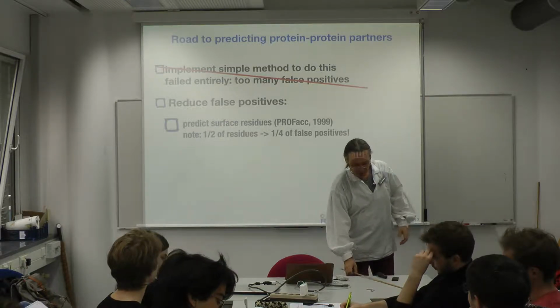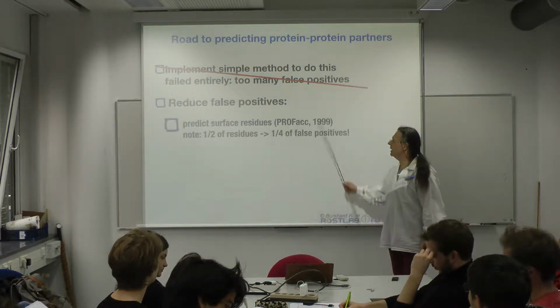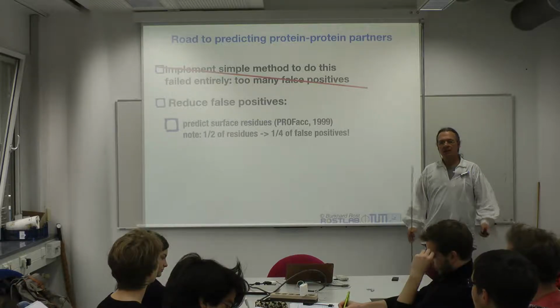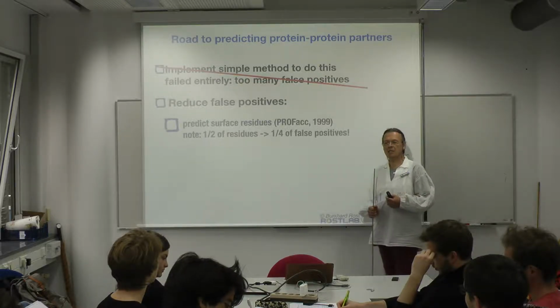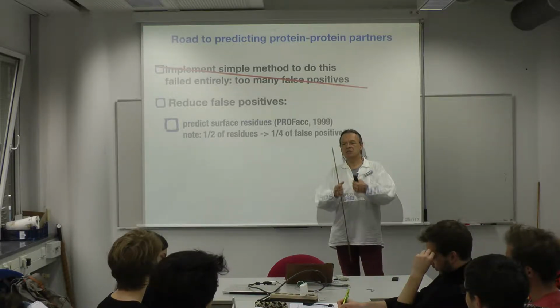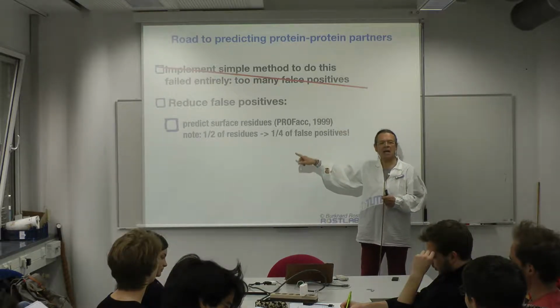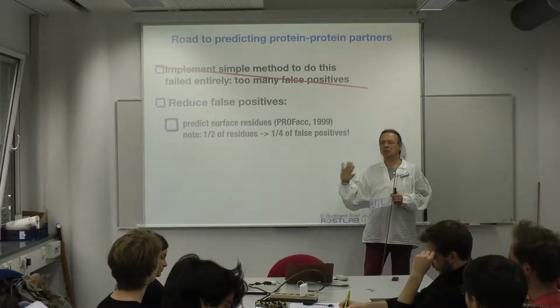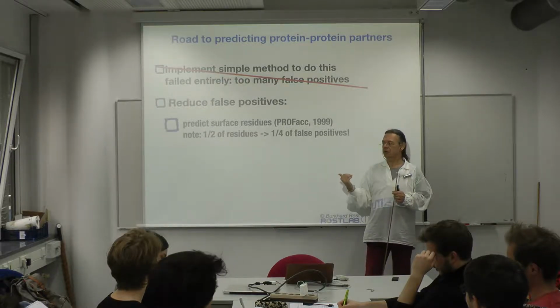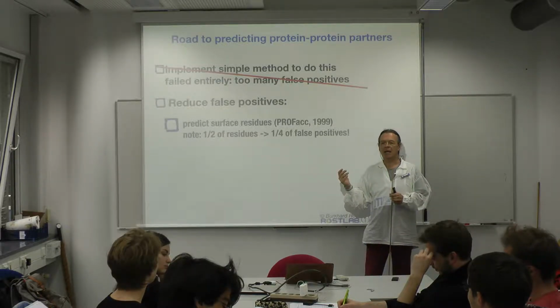So this I can address by simply predicting the surface residues. This is what we talked about in subcellular localization. So instead of sliding this window through the entire protein, I only slide it as long as I have at least 1 residue or 2 residues in this window that are on the surface, or whatever mechanism I have.